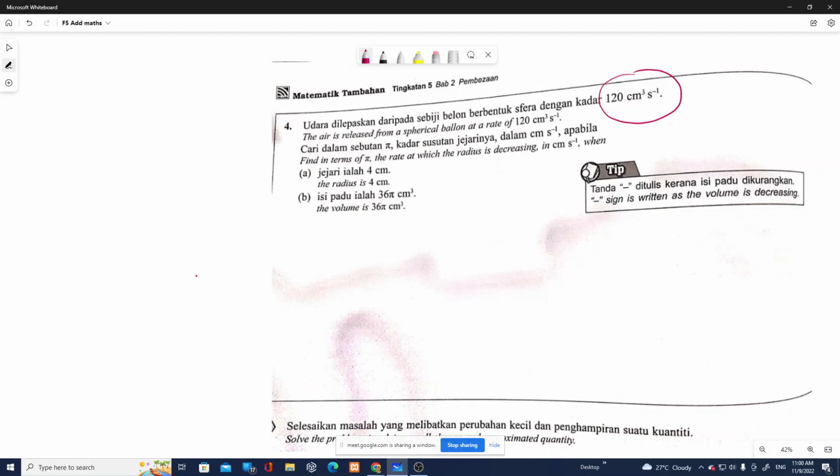So what should you write? dV per dt equals 120 cm cubed per second. Remember, it gave a negative tip, so we must have negative 120. Why negative? Because the volume of air inside the balloon decreases. That's why you need to put a negative. Understand?